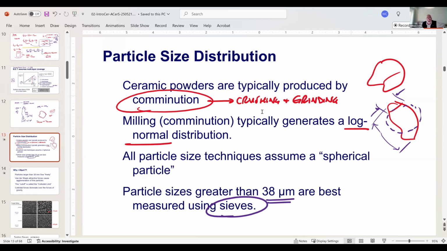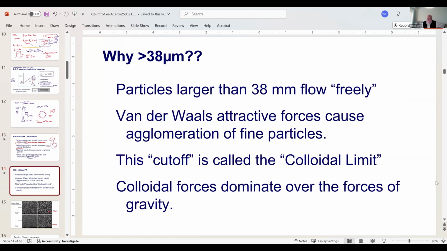Why? What happens with 38 microns? Well, there's a number of practical considerations, right? But one is that particles that are greater than 38 microns flow freely. Go into your kitchen, get the sugar out or get the salt out, and pour it out, and it pours nicely.